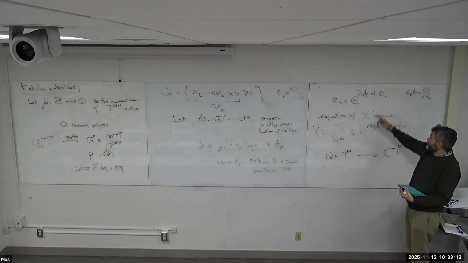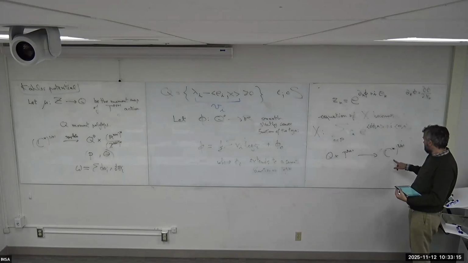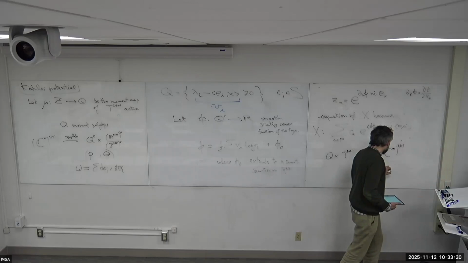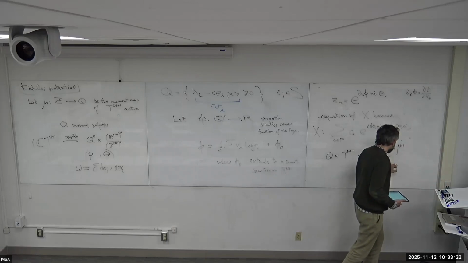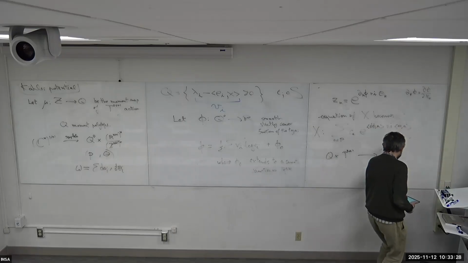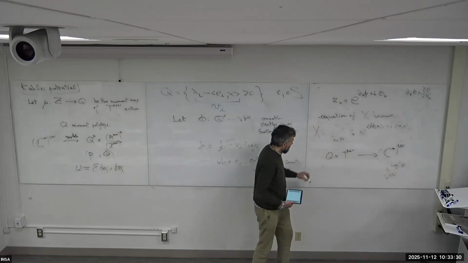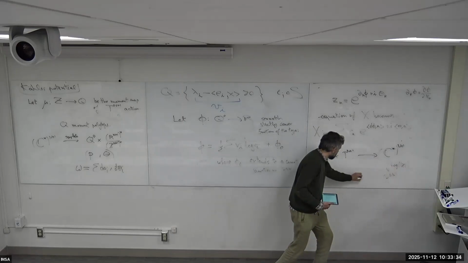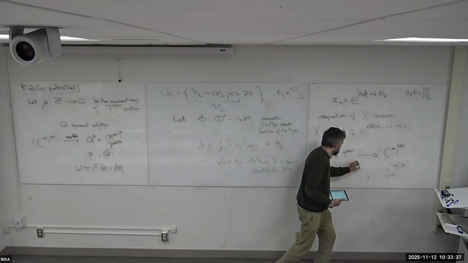So what I wrote here gives a map from this to (C*)^{n+1}. And here we can map it down via the log. We take the log of the modulus of each coordinate. It goes to R^{n+1}. And this map here maps to Q. And this map is just a differential of phi.